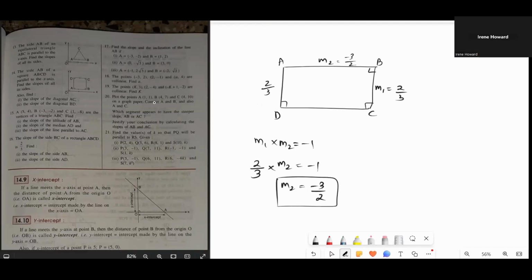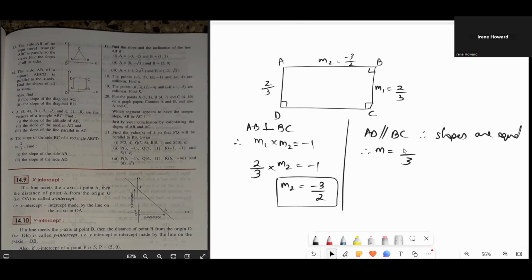So here AB is perpendicular to BC. Therefore, M1 into M2 is equal to minus 1. For AD, AD is parallel to BC. Therefore, the slopes are equal, so write M is equal to 2 by 3.